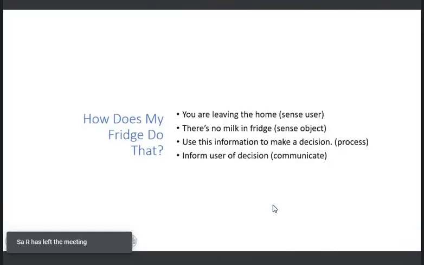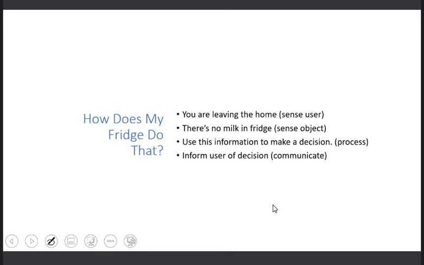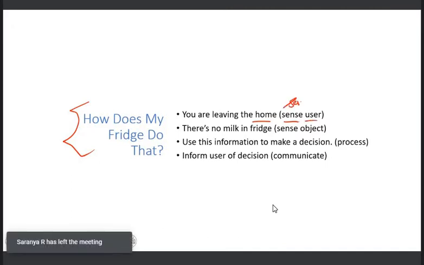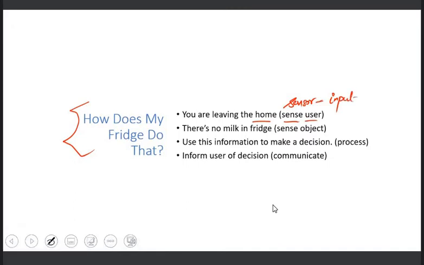To implement this application, we need to see what kind of subtasks we have to take care of. First of all, somebody is leaving the home, so you have to sense the user. You have to use a sensor, or you can say an input device.